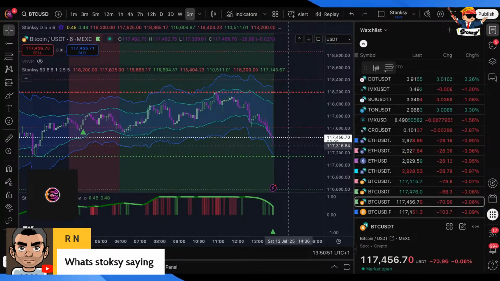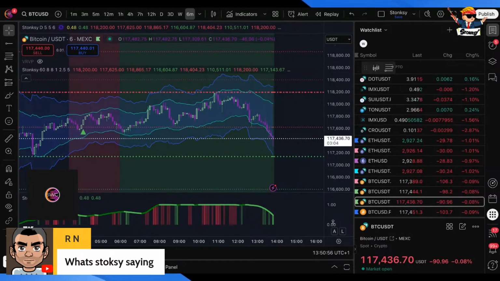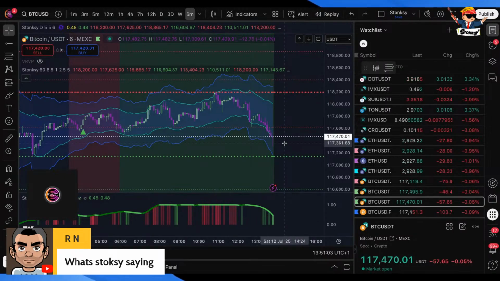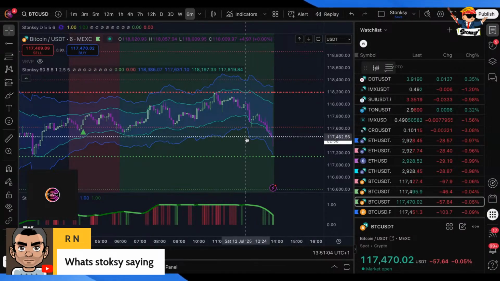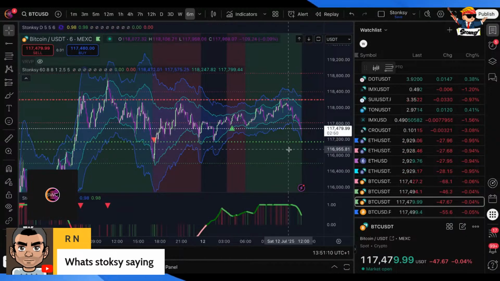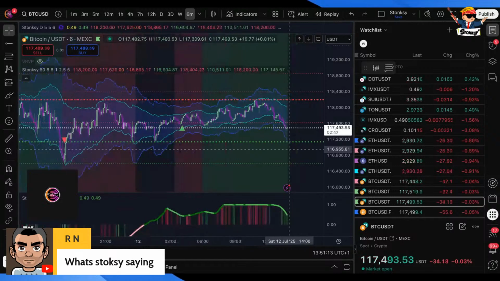We've also got this green triangle. We briefly had a little green triangle there, indicating that the price might be going up. So this could be very near a bottom, a very, very temporary bottom, you know.